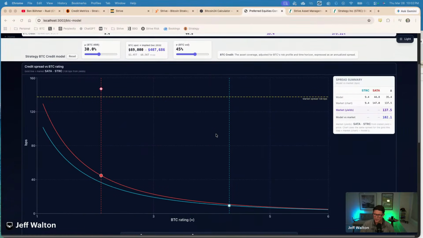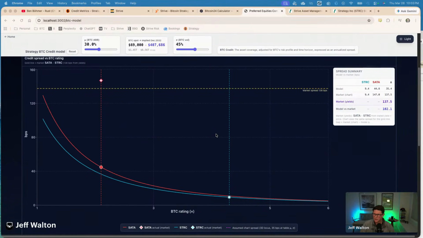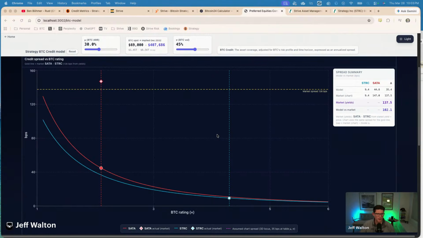So what I've done here is map this out onto a graph. I wanted to look at the mathematical credit spread between the two based on the underlying assumptions, and then compare that to what the market is showing based on the delta in the effective yields right now.